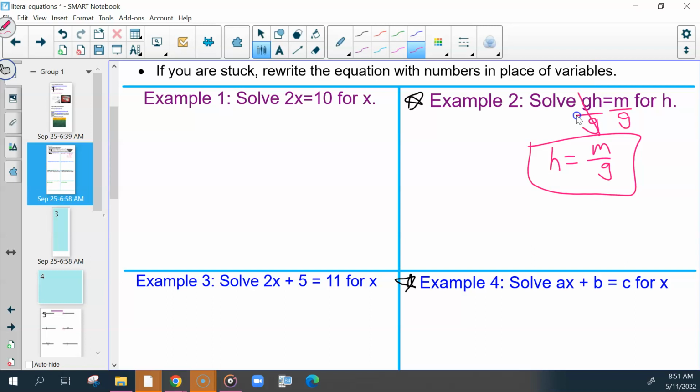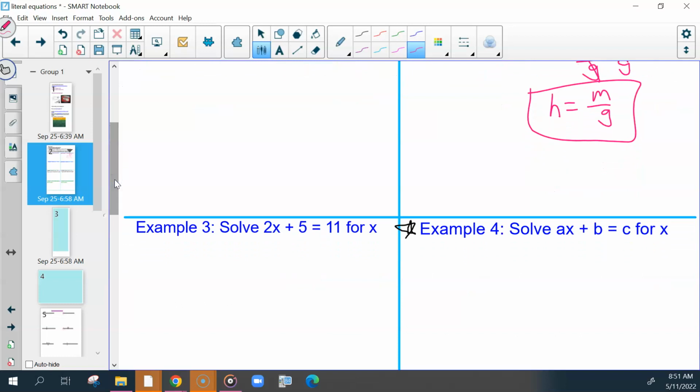And you would know this is a literal equation and I'm not going to have an actual answer. So maybe just like that. h equals n over, and that would be your answer. If I knew what these values were, then I could make it make more sense, but that's all we're doing. It's weird, because it's just variables.